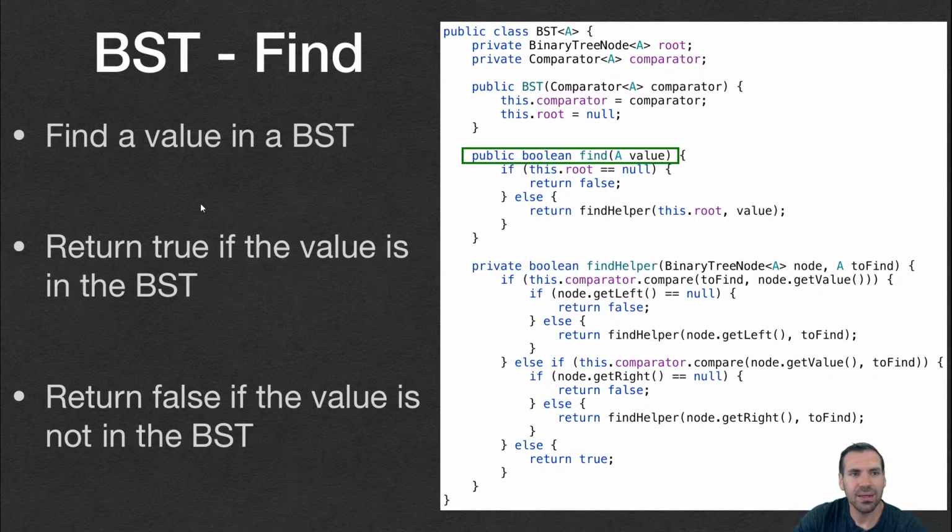Okay. So let's do find. With find, we're on the other side of things. Instead of maintaining the property, we're going to assume that the property holds. We're going to assume that the property holds and take advantage of that property to be able to find nodes efficiently.